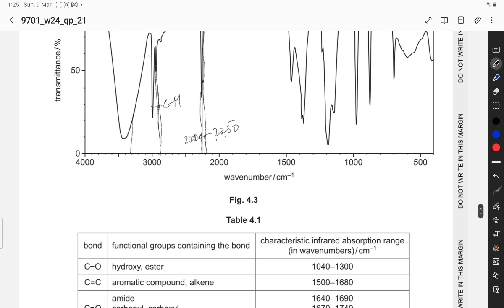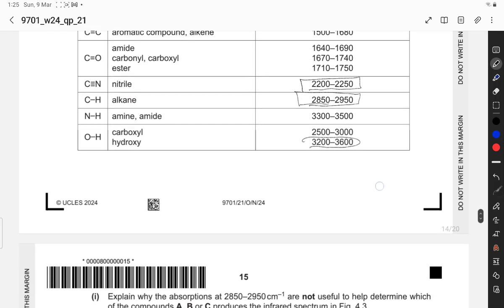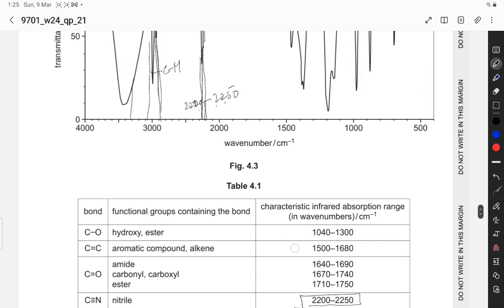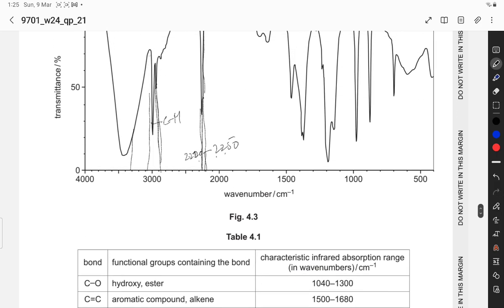This is the OH bond, 3200 to 3600. This is showing the OH bond.